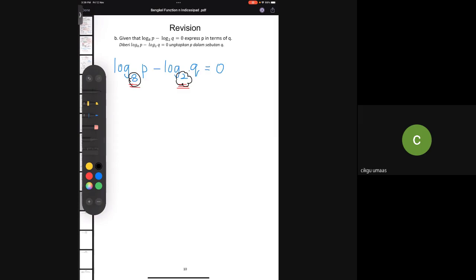The only way I can do is I will cube it. 2 kuasa 3 adalah 8. So I cube the top one also. So I'm going to get log 8p minus log 8q cube equal to 0.